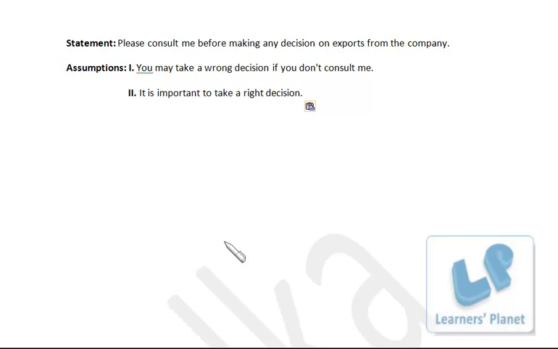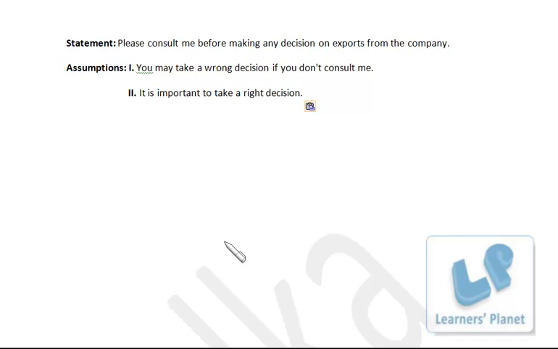So that assumption is really valid. You may take a wrong decision if you don't consult me. And 'you may' is there, 'you will' is not there. There is a possibility of taking a wrong decision. There is not a certainty, right? If 'you will' is there, then the story is entirely different, because it's not necessary that the junior will take a wrong decision if he doesn't consult, right?